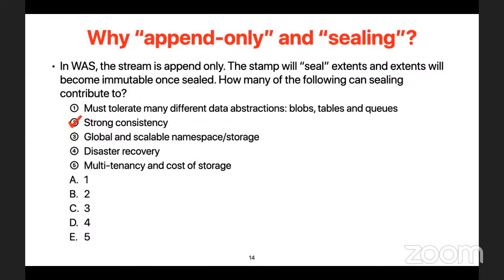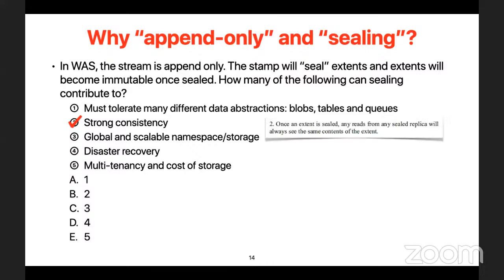When you are operating on mechanisms like caching algorithms, if I cache some sealed extent, that must be safe unless the file itself, or the object itself, changes the extent it's using. However, if you are directed to a sealed portion, then it becomes immutable and the data should be consistent there. So it's definitely helpful for strong consistency.